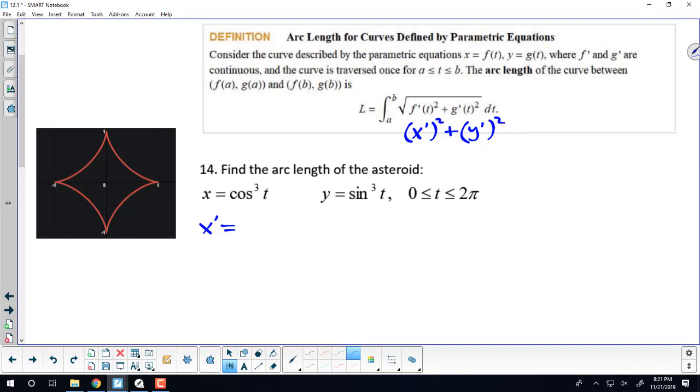The cosine would be squared because for the power we subtract 1. Cosine t, and then take the derivative of cosine. So -3 cosine squared t sine t.